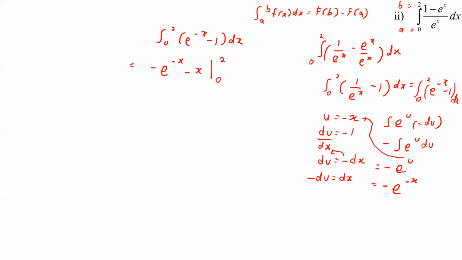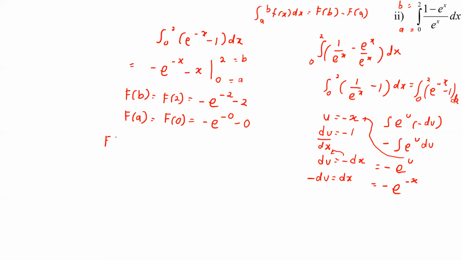Next, this one is a, right? This one is b. So F(b) is equal to F(2), which is negative e^(negative 2) minus 2, right? How about F(a)? F(a) is equal to F(0). So what is F(0)? Negative e^(negative 0) minus 0.